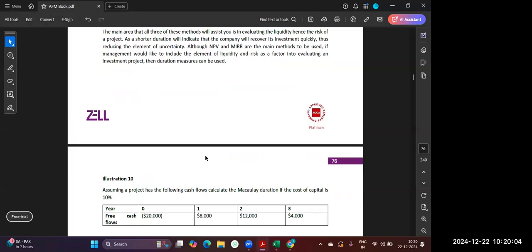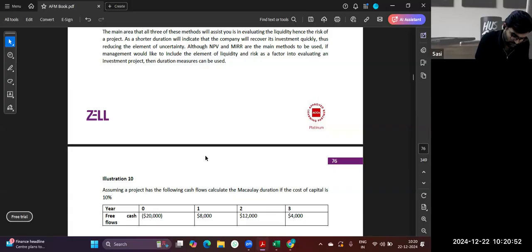Can you read illustration number 10? And can you calculate the present value, please? Yes, sir.